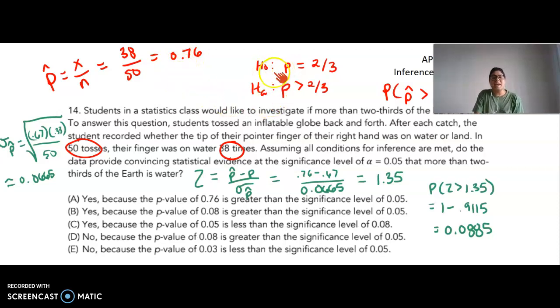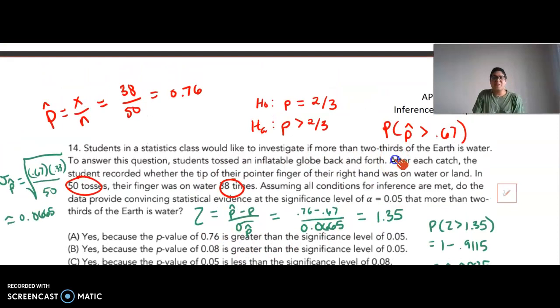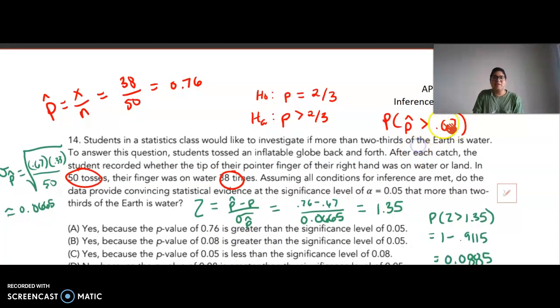The initial claim is that 2/3 of Earth is covered in water, but we're testing that more than 2/3 is covered in water. 2/3 is about 0.67, so if I were to construct my sampling distribution, the mean would be 2/3, and the standard deviation of the statistic would be about 0.0665. So we've got a sampling distribution here, and I want to find the probability that my sample proportion is greater than 2/3, which I do by treating this like a sampling distribution problem.